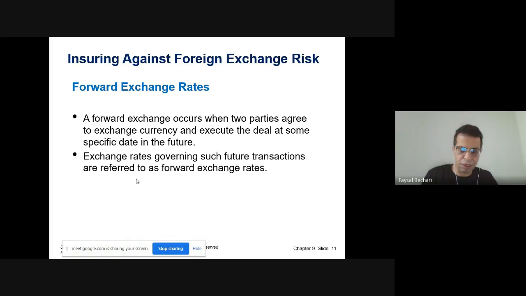It doesn't mean a spot. What's the price now? They can do some calculation in an econometrics way to see whether the American dollar goes up or down, and they try to hint at that. So the exchange rate governing such a future transaction is referred to as the forward exchange rate.